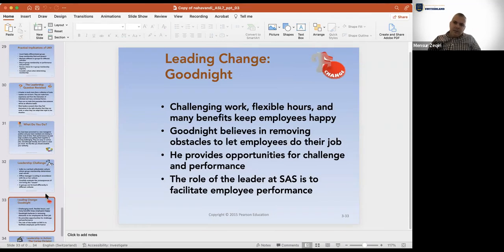I would like to put you into two groups like we did last time. There is a case on pages 124, 125, which is called the Caring Dictator. Take, I think, 15 minutes to go through it, and then discuss the two questions on page 125.